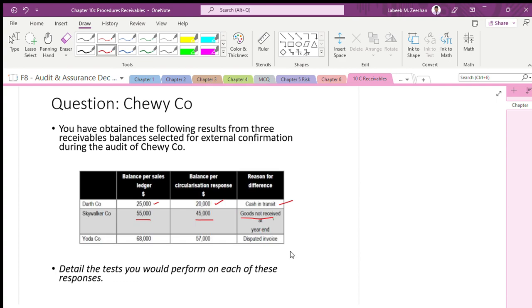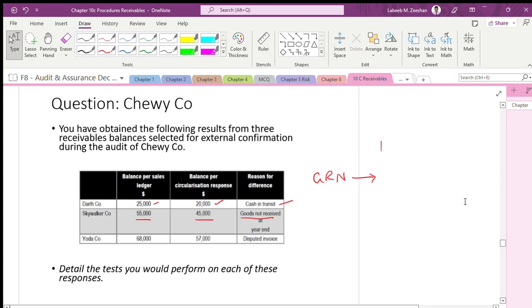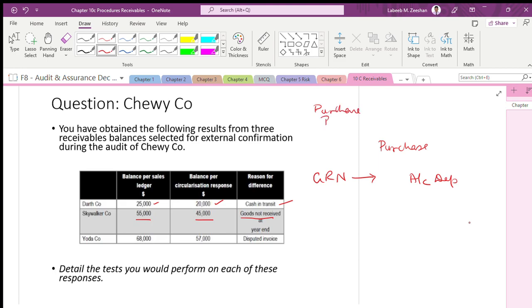The goods received note will be given to purchases and to the accounts department. You have been given a purchase invoice. They have dispatched the goods and there is a goods dispatch note, but we have not yet received the goods received note.